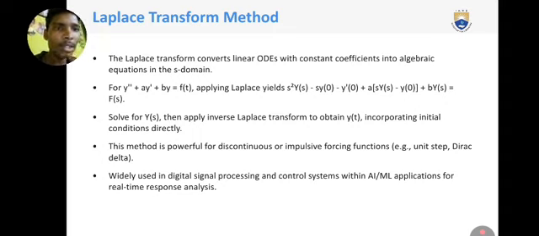Solving for Y(s), then apply the inverse Laplace transform to obtain y(t), incorporating initial conditions directly. This method is powerful for discontinuous or impulsive forcing, and is widely used in digital signal processing and control systems, within AIML applications for real-time response analysis.